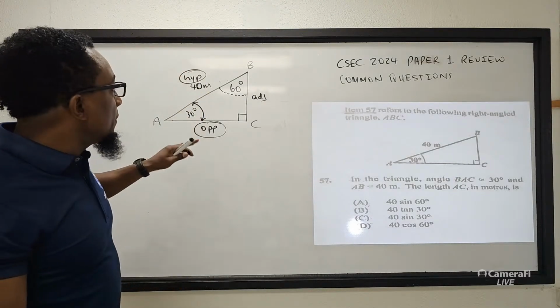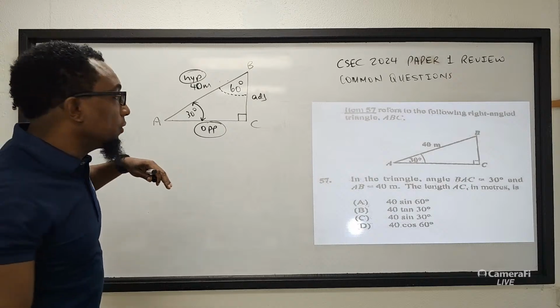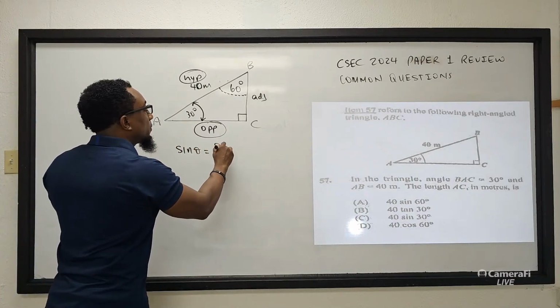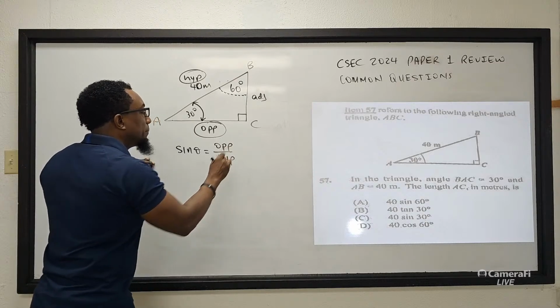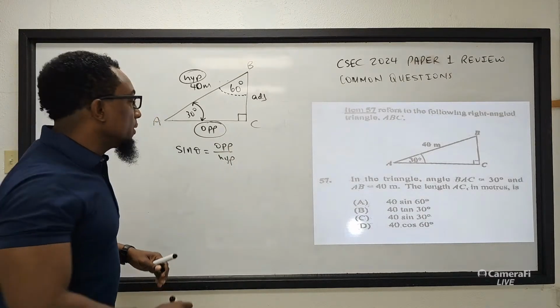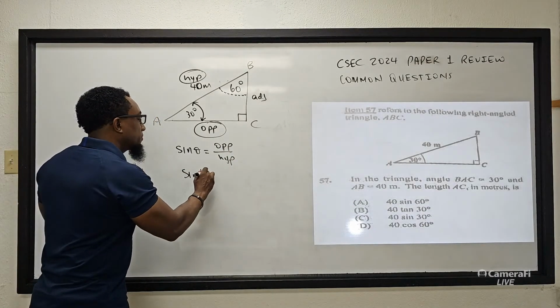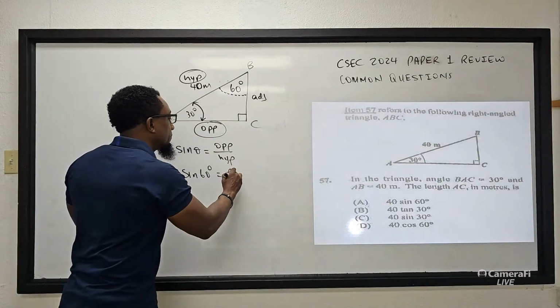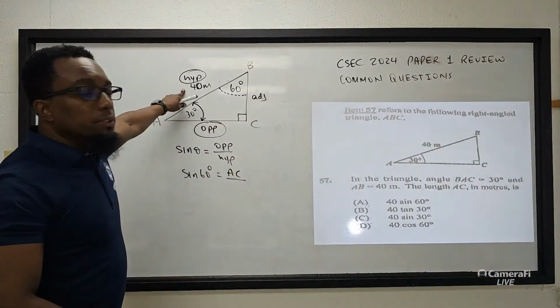So what links opposite and hypotenuse? What trig ratio? What trig function? That will be sine theta is equal to side opposite all over hypotenuse. And this will now be sine 60 degrees is equal to your side opposite, which is AC, over your hypotenuse, which is 40.